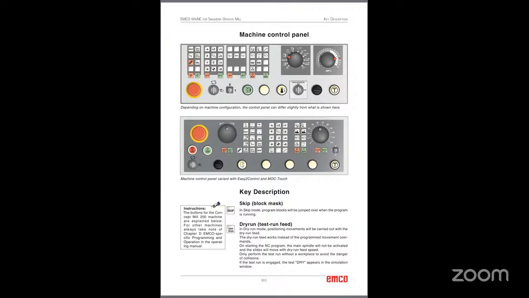When you operate this dry run, do not use a workpiece. When you test the program, do not use a workpiece to avoid the danger of collisions. If the program is wrong, then a collision will happen.